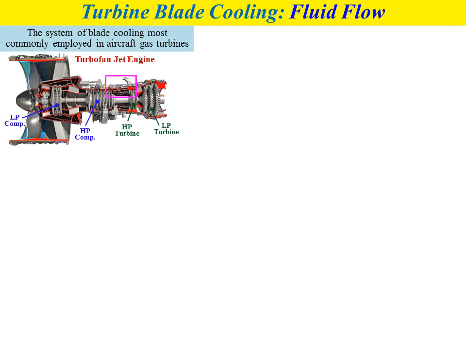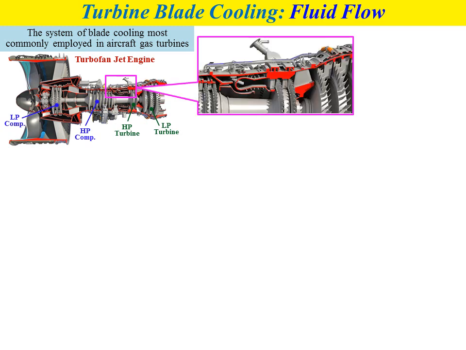If we zoom in on the part inside the pink box, we have this figure where we can clearly see the detailed components of the high pressure compressor, combustion chamber, high pressure turbine, and low pressure turbine.